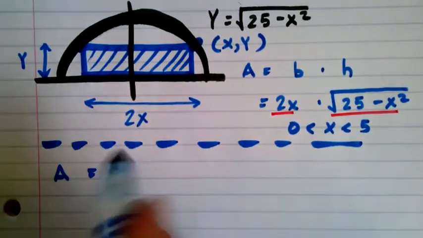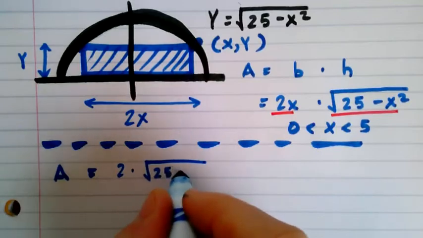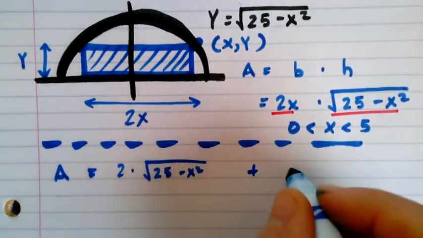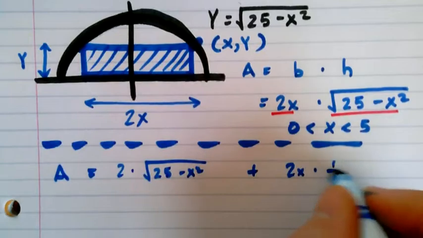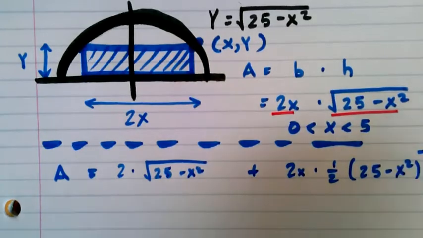When you do that, you're going to get 2 times the root plus 2x times 1/2 inside function to the negative half multiplied by negative 2x.